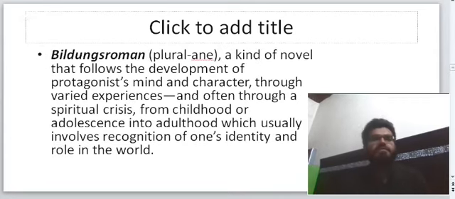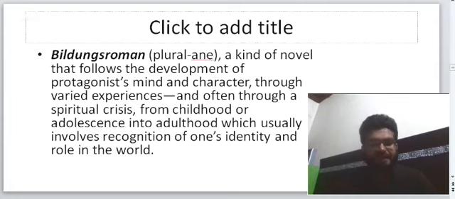The second literary term for today's discussion is Bildungsroman. It is a kind of novel that follows the development of the protagonist's mind and character through varied experiences.